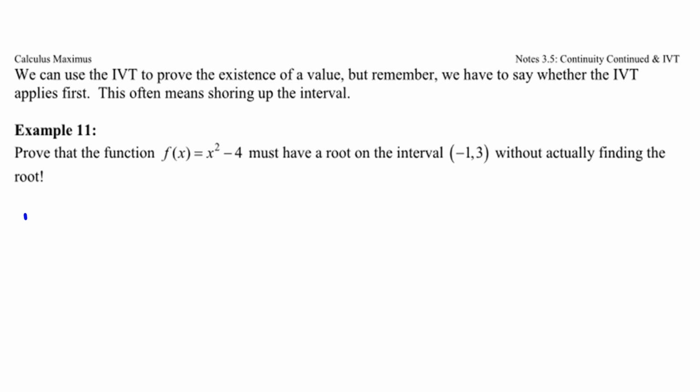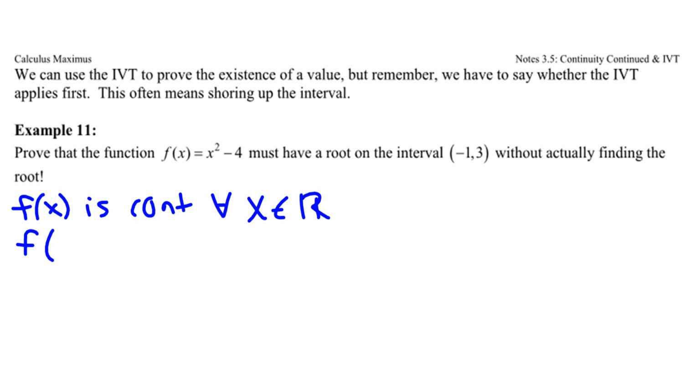Okay, now let's say f of x is continuous for all values of x. Alright, now we need to pick different values. Let's say f of -1. What is that? 1, so we get -3. F of 3, 9 minus 4 is 5.